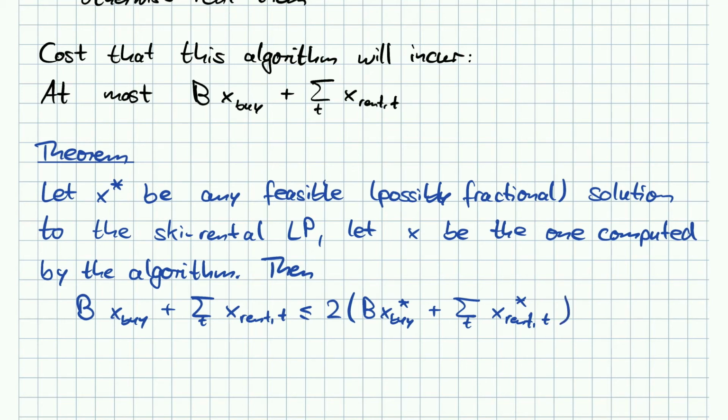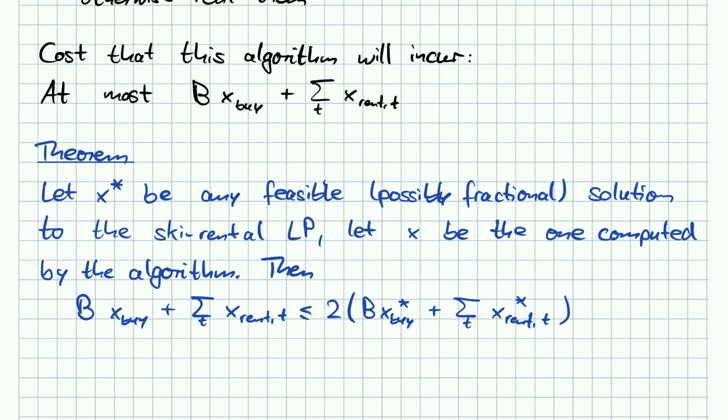What does this mean? This means now the following. This is an upper bound on the cost that our algorithm will incur. And this here is the cost of this optimal or any feasible fractional solution. So in particular, you could, for example, take the optimal solution.